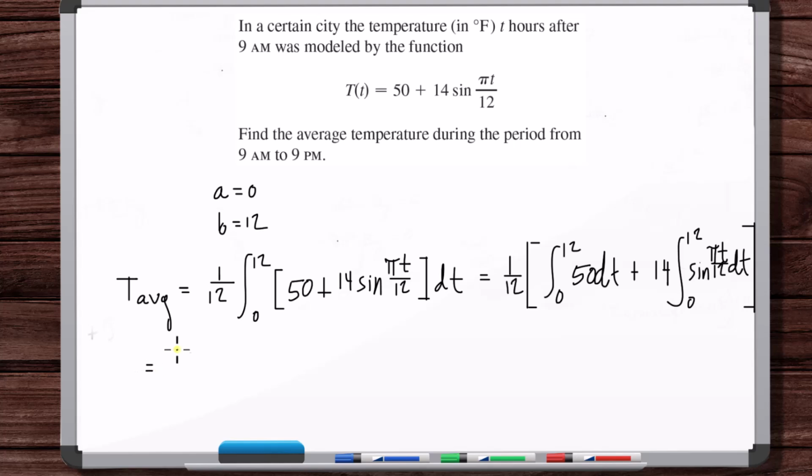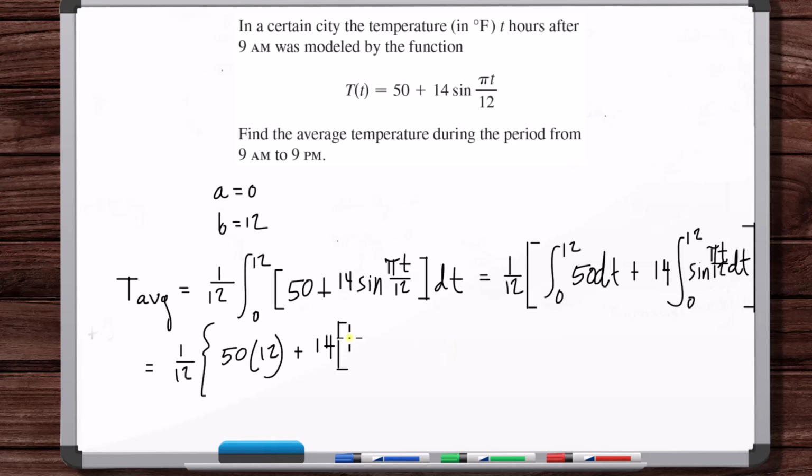So this is 1/12 times 50 times 12 plus 14 times, okay, the derivative of cosine of pi over 12 t is minus sine of pi over 12 t times pi over 12.